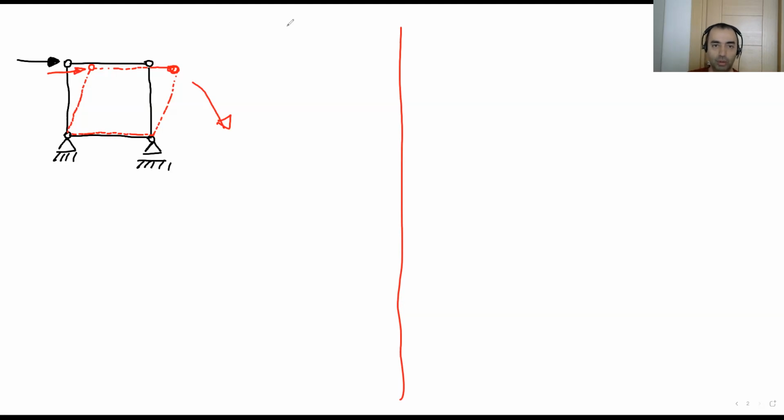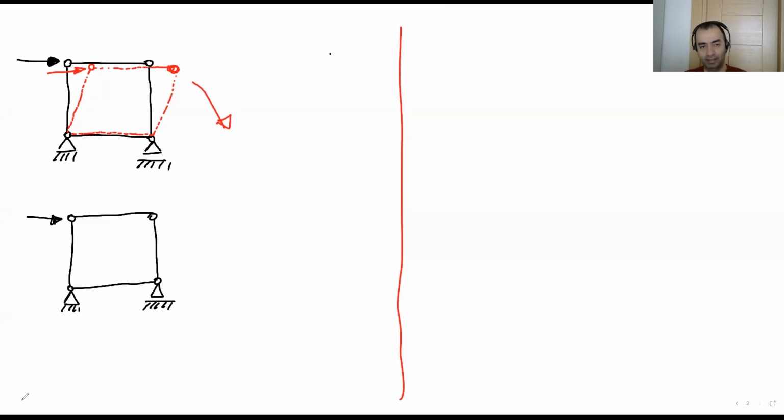Okay, let's draw this rectangle here again. My drawing is not good on screen, sorry, but you get the point. So again, we apply this load to the top.